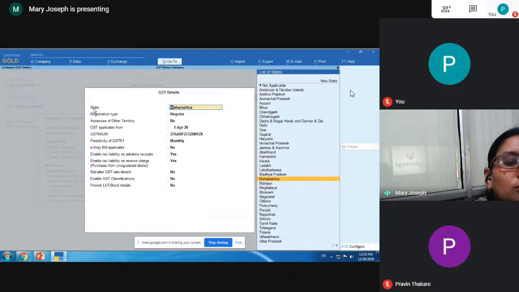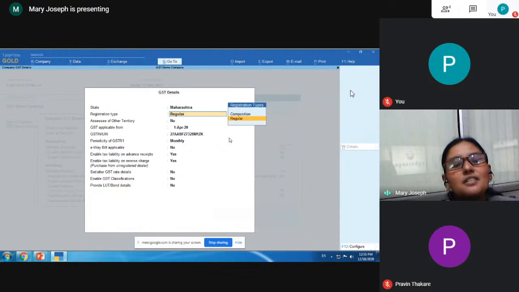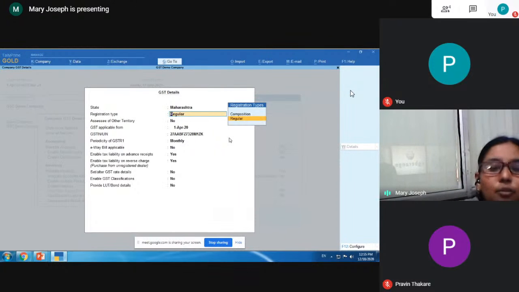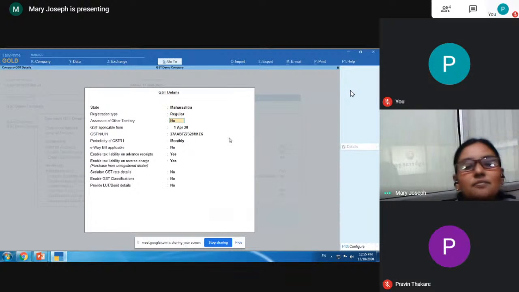First, you have to select the state. From the list of states, select the type of registration. Is it a regular dealer or a composition dealer? If it is from another territory, you can select yes, otherwise by default you have to select no.